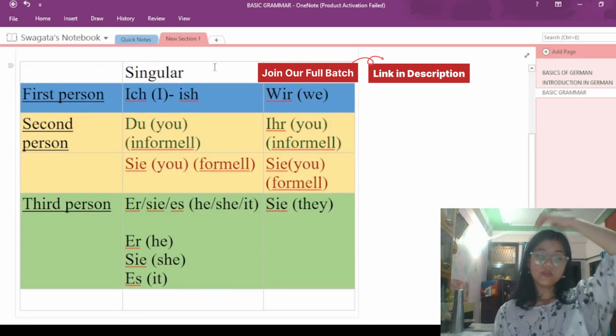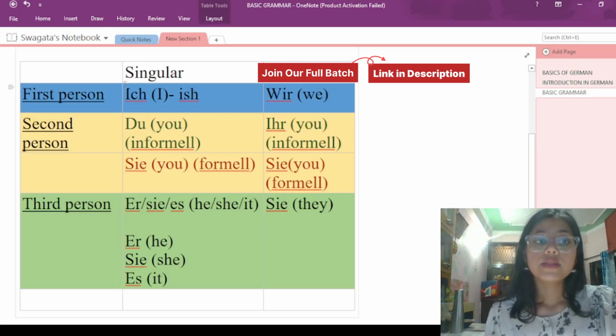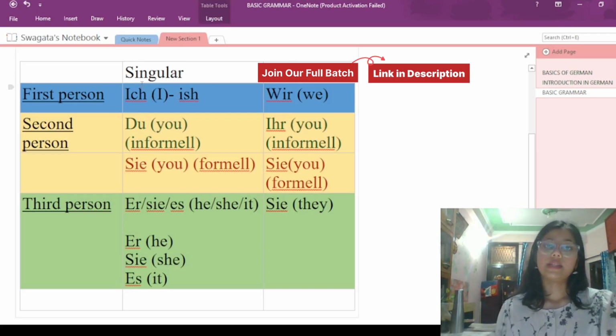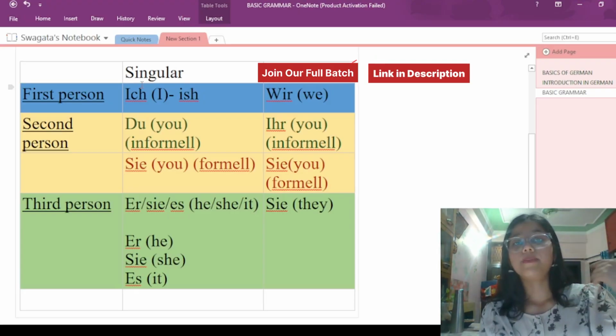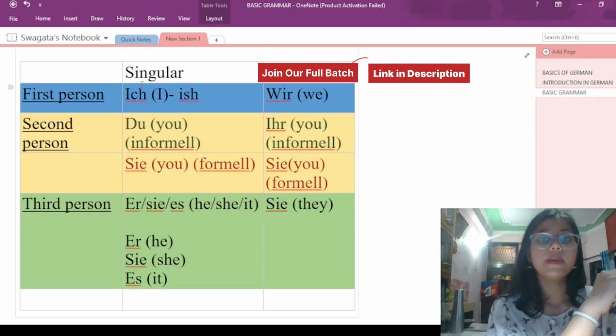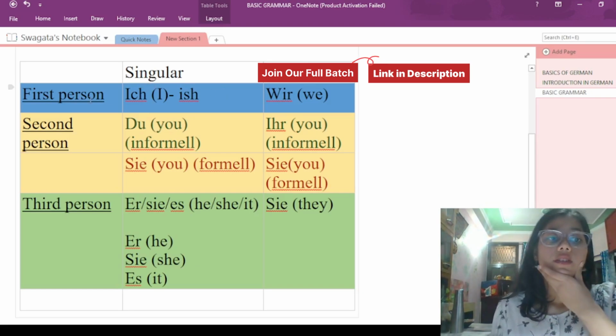As always, we have two distinctions, singular and plural. Singular is basically things or people that take one unit only, and plural is many units. Now we have the three distinctions of first person, second person, and third person.